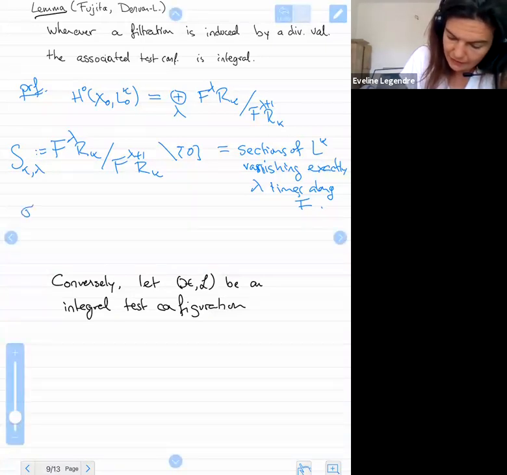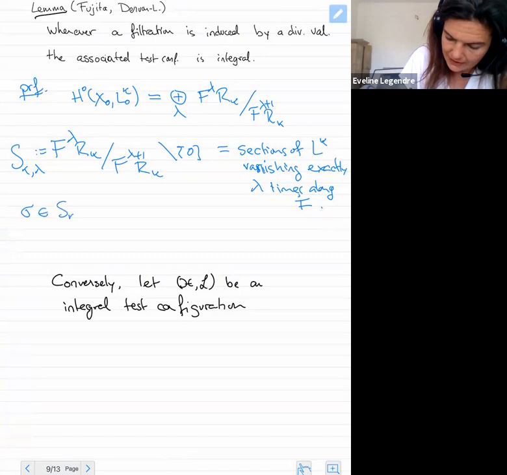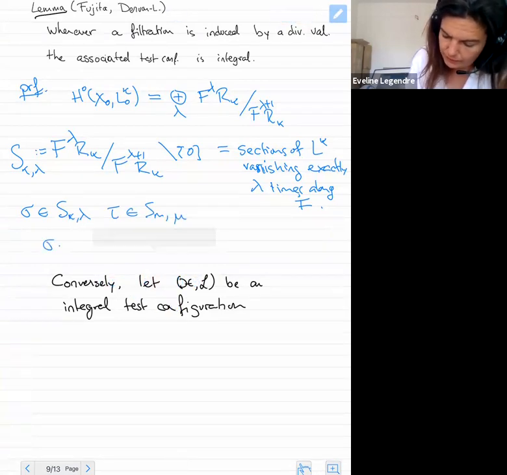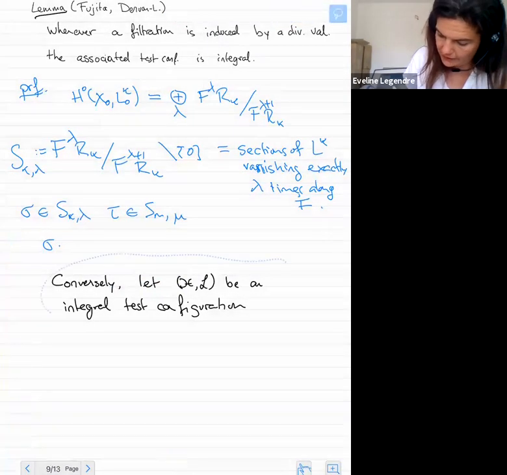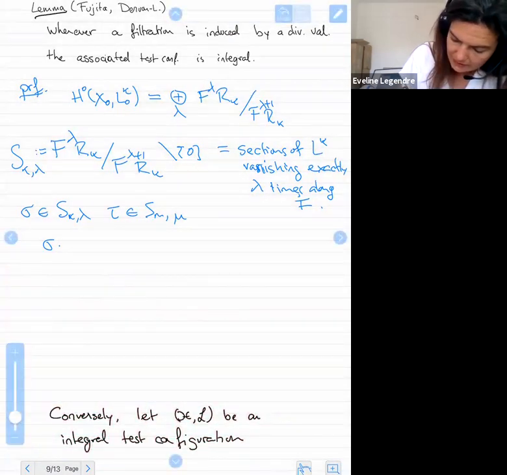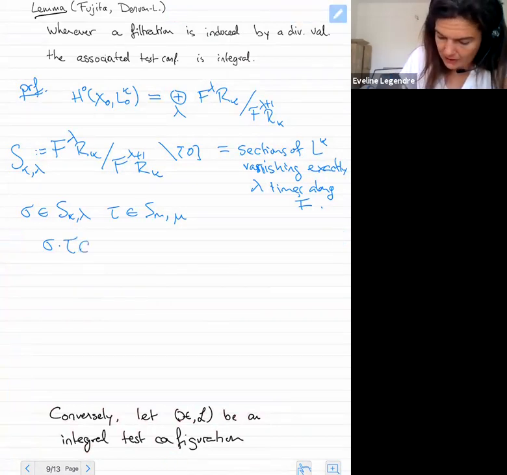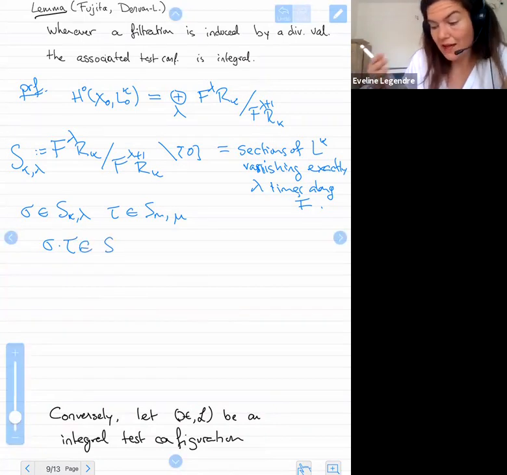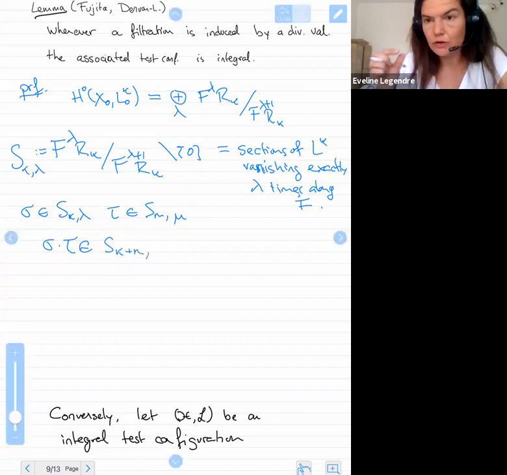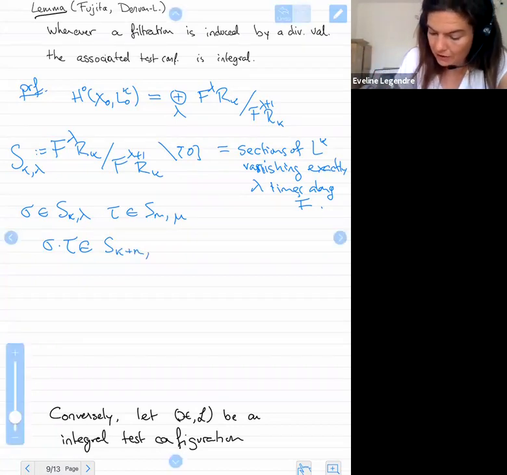This means that if we have a section sigma in S_k^lambda and another one tau in S_m^mu, then the product sigma times tau is of course going to be a section of L^(k+m), but also, if you look at its order of vanishing along F, it has no choice but to be exactly lambda plus mu.